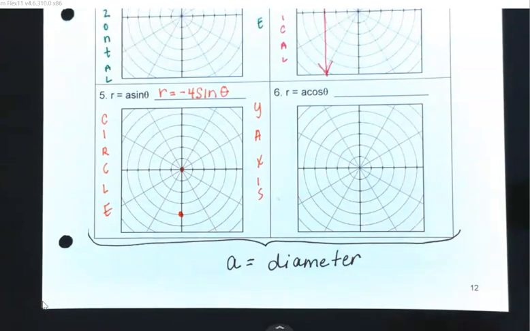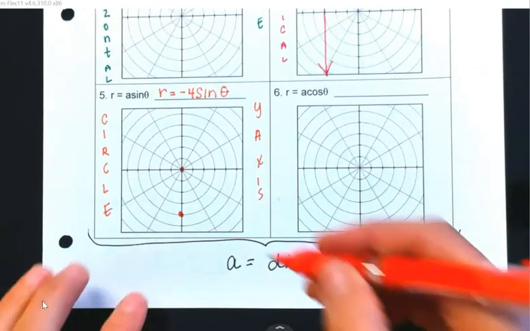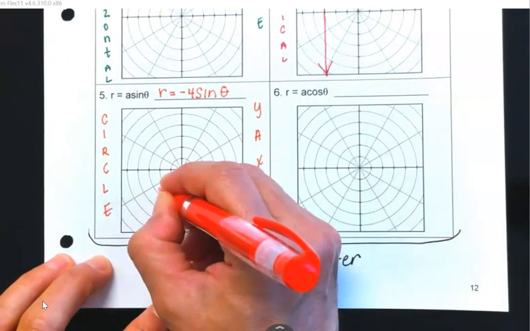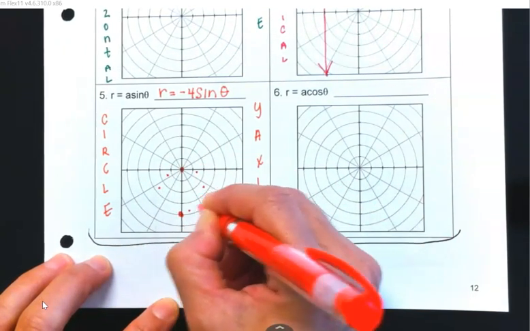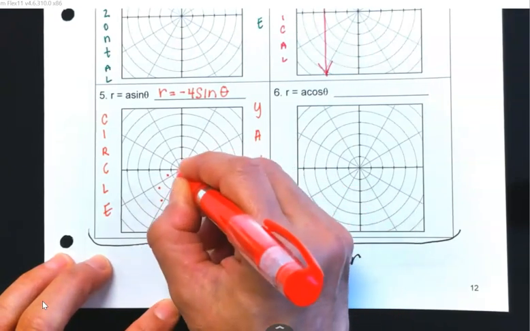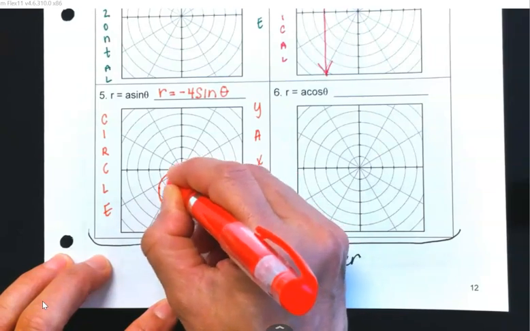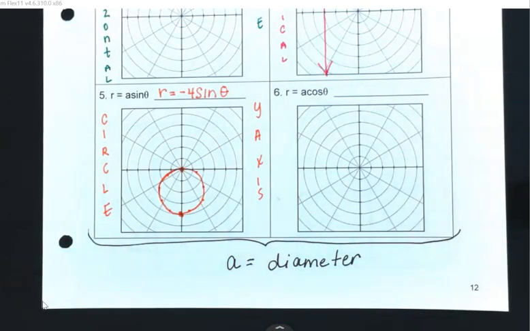Y'all, that's the top and bottom of your circle. So I'm just going to kind of estimate where the rest of my circle is going to be. Just kind of plotting it out, because these are hard to graph for me. So that's what r equals -4 sine theta is.